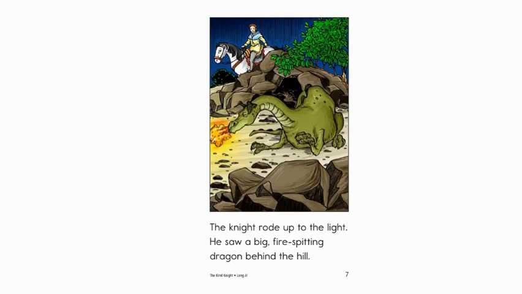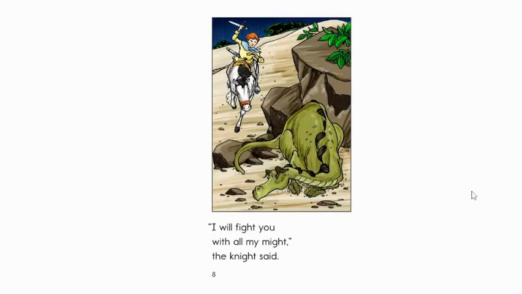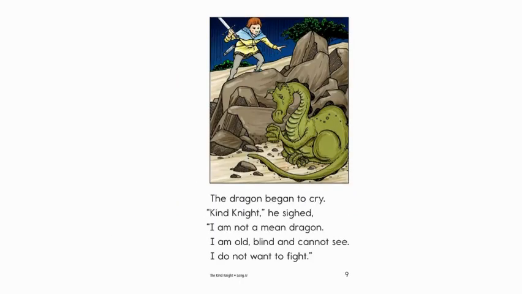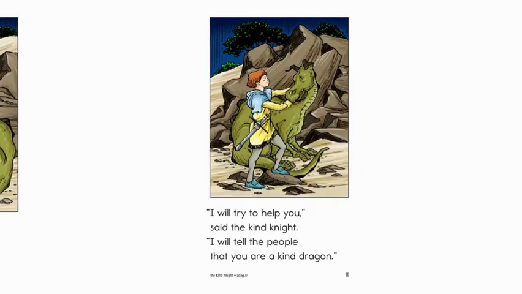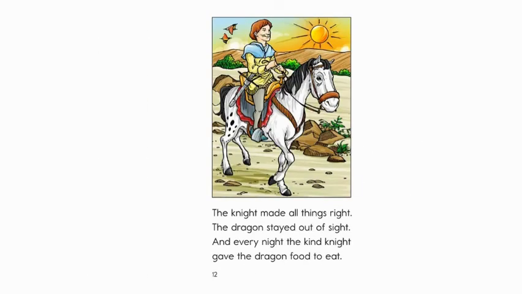And then when he finally found him at the end, what was the solution to the problem? He was ready to fight, but then the dragon said, "Oh no, I'm a kind dragon." And so at the end, the knight made everything right and said that he would tell all the people that the dragon was kind, and the kind knight even gave the dragon food to eat.